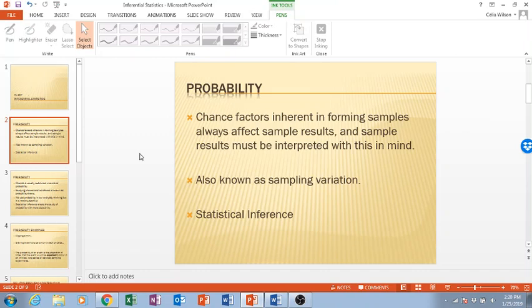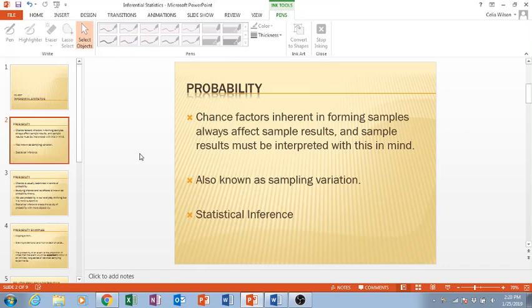So basically what that means is no matter what sample you pull, no matter how sophisticated the sampling technique, there are always going to be, let's say, flukes or peculiarities about that particular sample that may not hold true if you were to pull another sample.